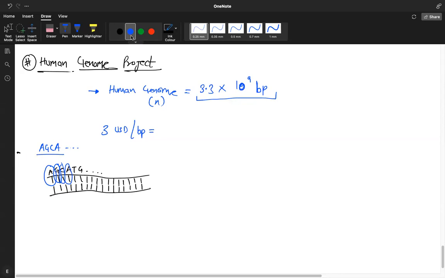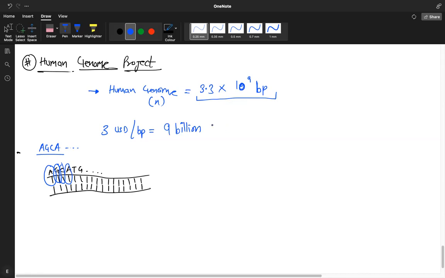But imagine 3 into 10 to the power 9 base pairs and sequencing it at the cost of $3 per base pair. It will be more than 9 billion US dollars. Can you imagine 9 billion US dollars? And this is all happening in 1990.